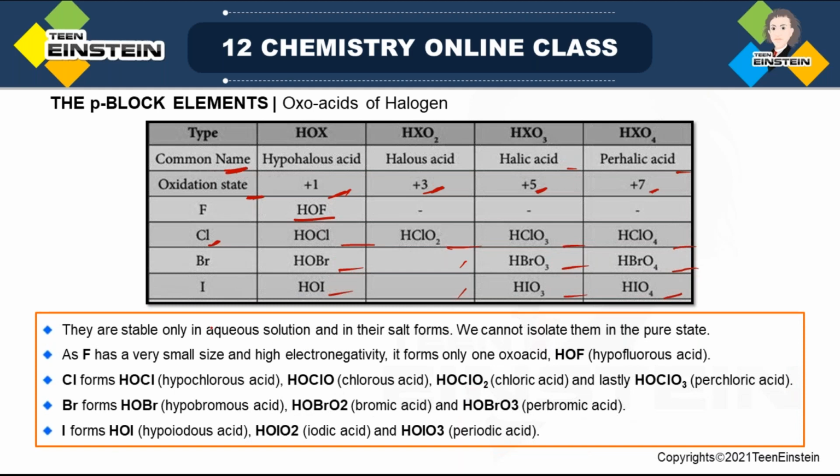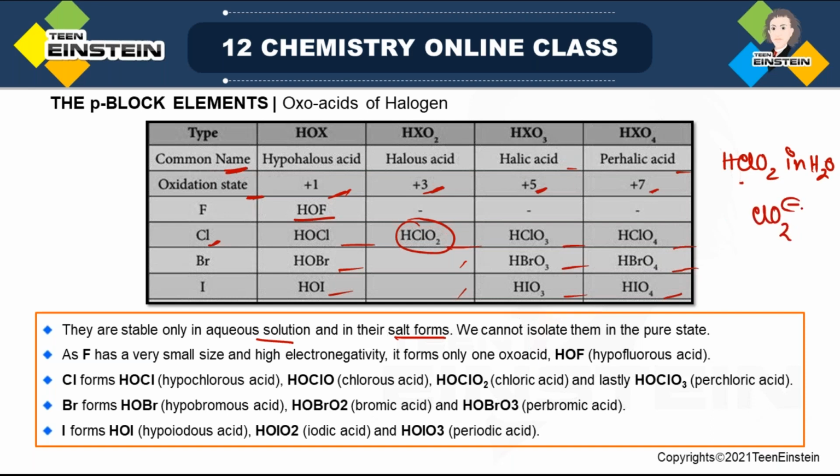These oxoacids are stable only in aqueous solution. If you separate them from water, then they will be only in salt form. Take this particular example. Suppose you have HClO2. HClO2 can exist only in water. But when you remove the water, it will be in salt form.